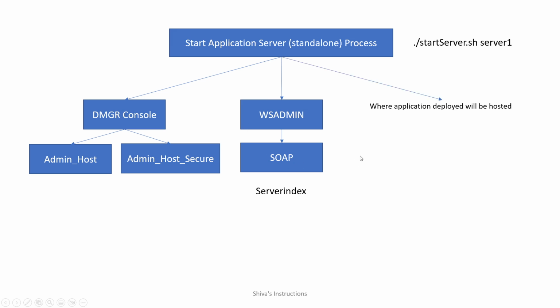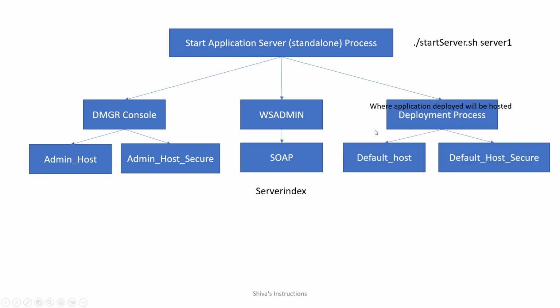And then the third component, which the application server has and the deployment manager we saw previously doesn't have, is this deployment process. A deployment process is where all your developers develop the Java based application, right? So those will be hosted. That's why I told you when you have the standalone server, you can actually start deploying the application.